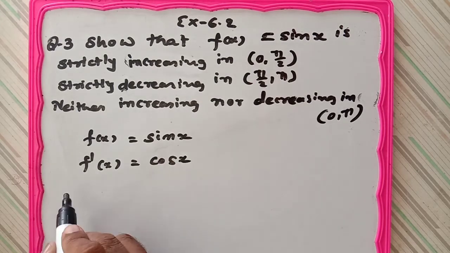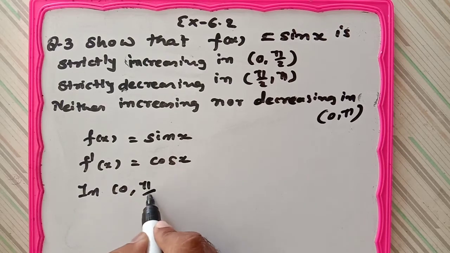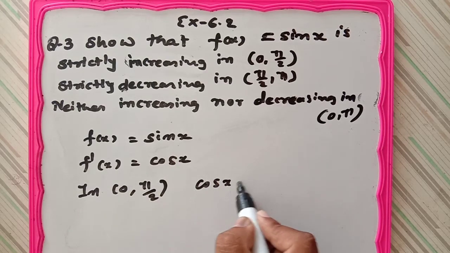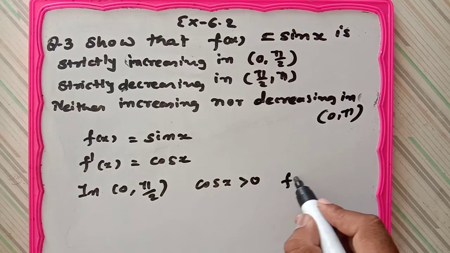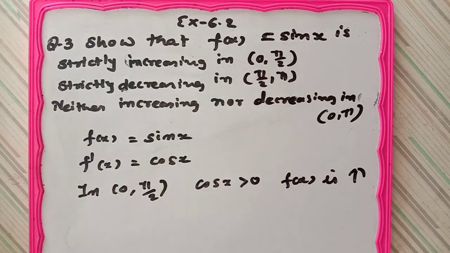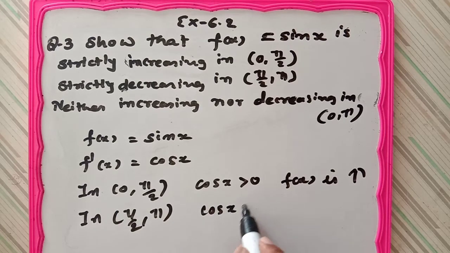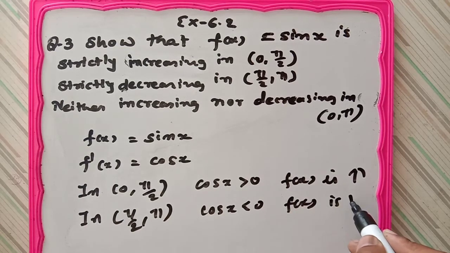We know that in (0, π/2), cos x is greater than 0, and so f(x) is an increasing function, while in (π/2, π), that is the second quadrant, cos x is negative, so cos x is less than 0, and therefore f(x) is decreasing.